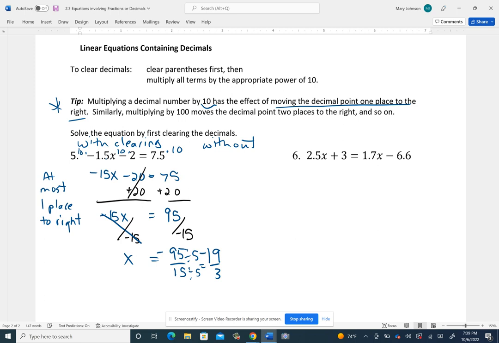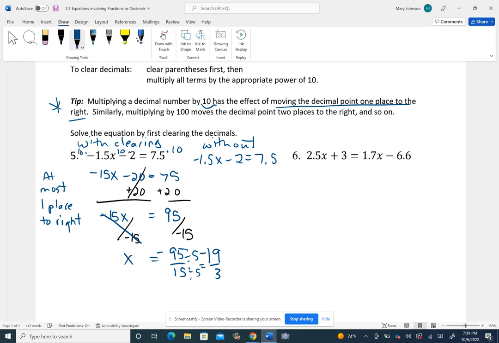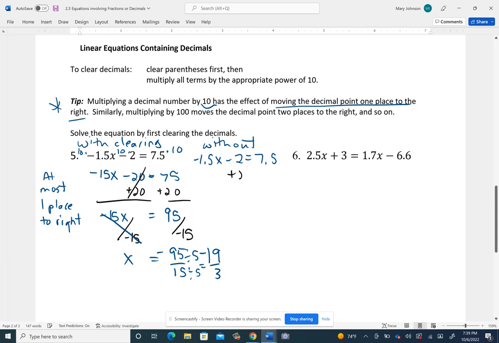Again, on this one, I'm not really forcing you to do this. This is totally optional. You really can get by just as well without. For instance, if you had that equation to start with, what you would really do is just add 2 to both sides.